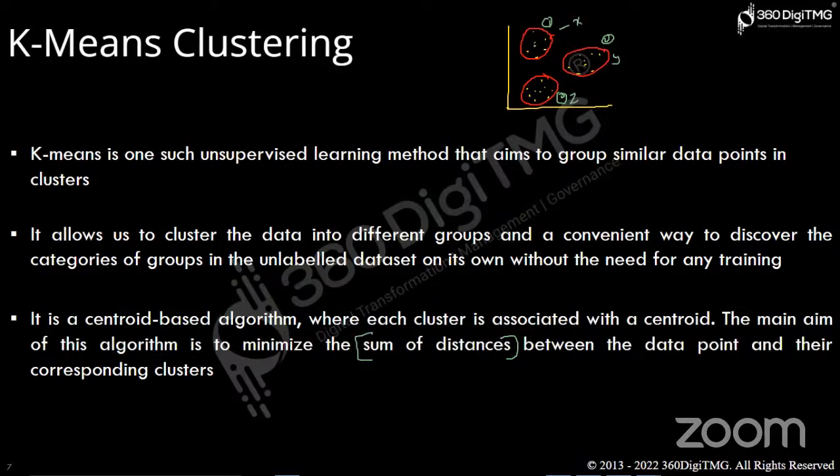I am looking to minimize. So the centroid should be in such a way that the cluster gives me the minimum value of the sum of distances. That is very good. If the distance between the centroid and the data points is less, that means the cluster is very intact. Very similar values we have.